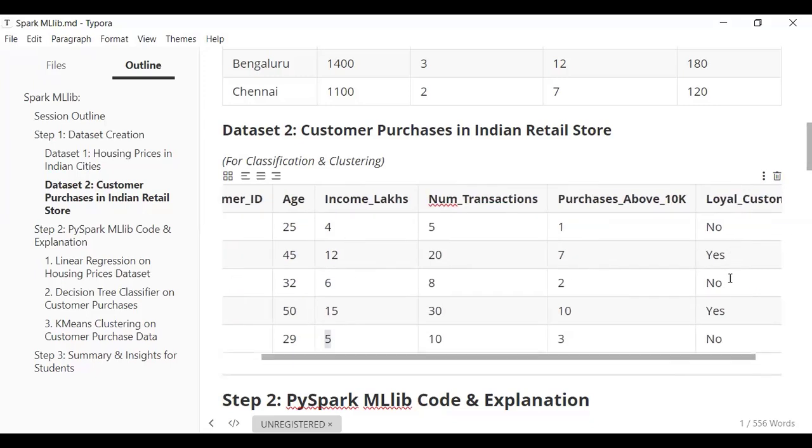This is not like a number, like what we have known early with price. Price is different. Price is a real number, in a statistical and mathematical way. But in these cases, loyal customer is not a number, it is categorical data. Yes or no is categorical data. Now, categorical data prediction is different from numerical data prediction.